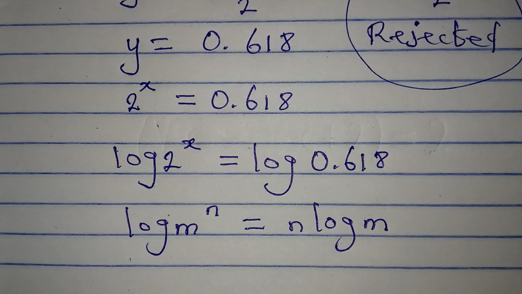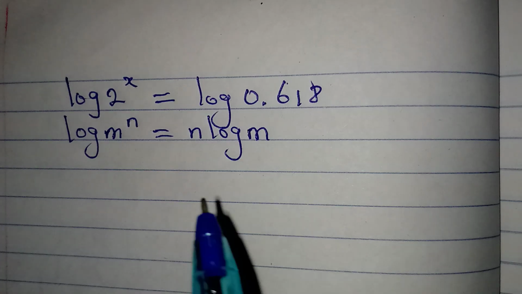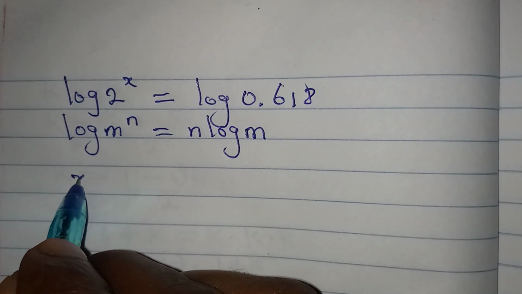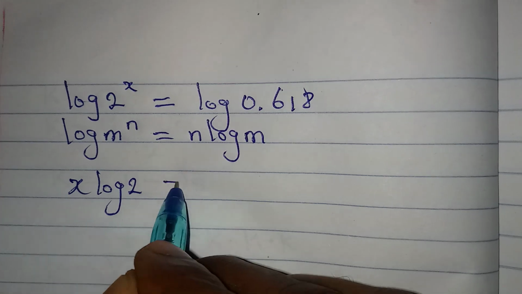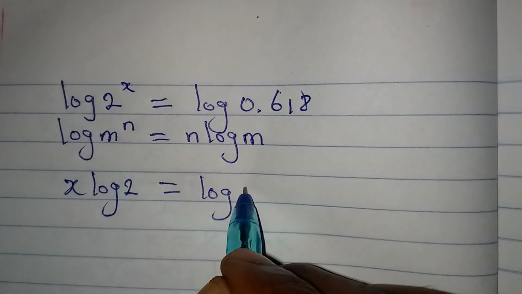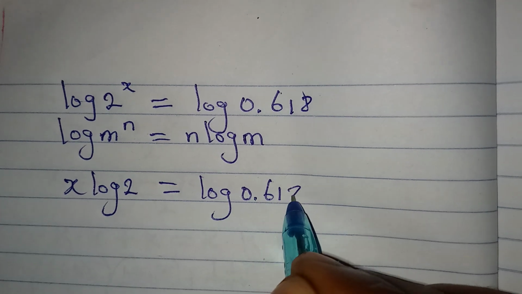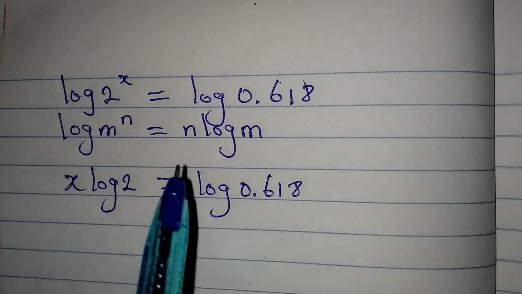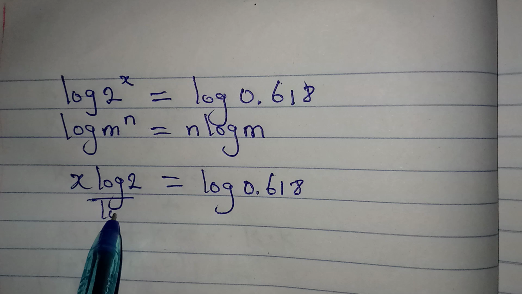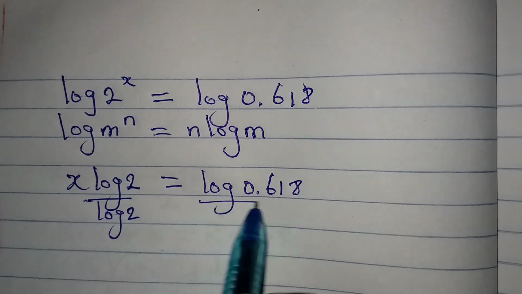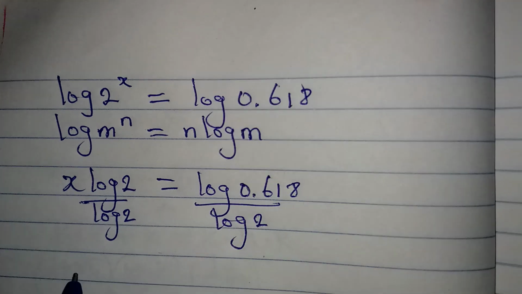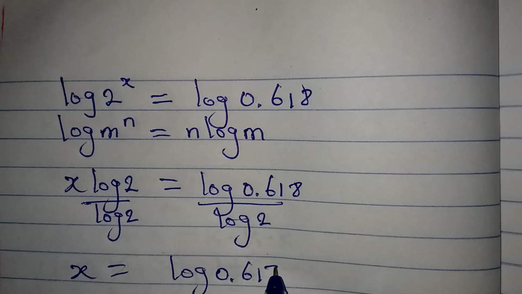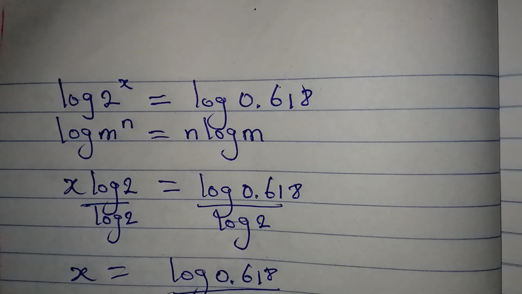So I will apply this same principle so that I will have x log 2 equal to log 0.618. Now, to make x the subject, we will divide both sides by log 2. Now x is equal to log 0.618 divided by log 2.